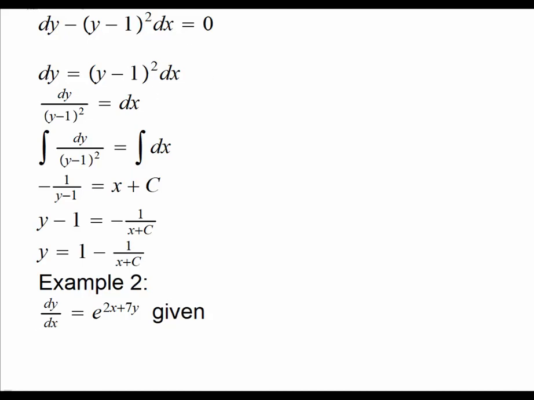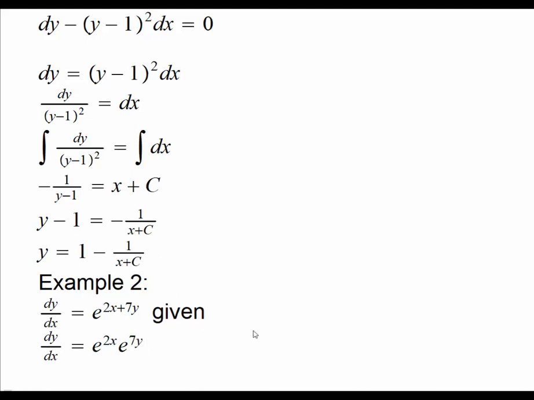What we would do is, first, separate the variables on the right hand side, and you can do that pretty easily here as a product of two exponentials. So here we have e to the 2x times e to the 7y.